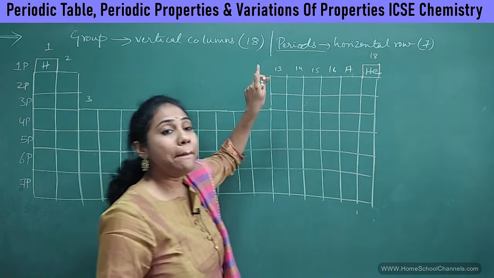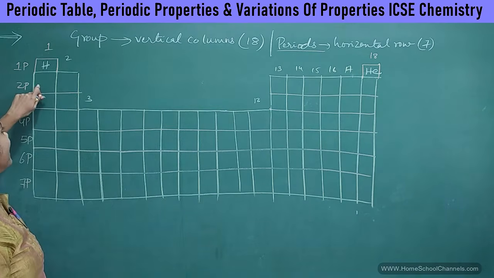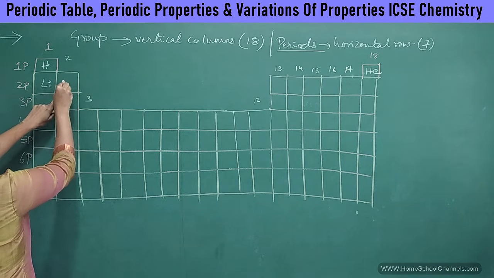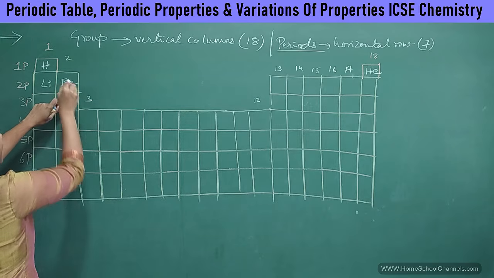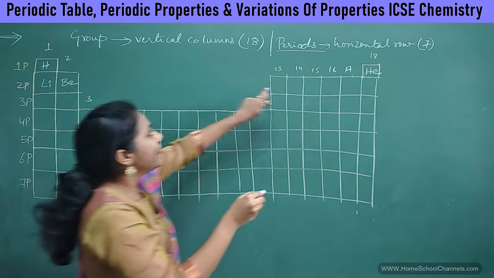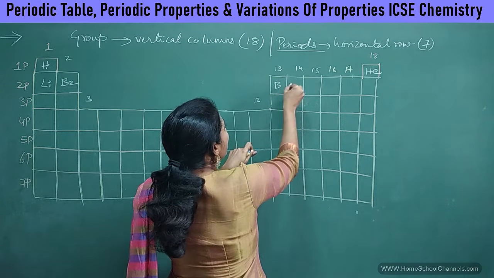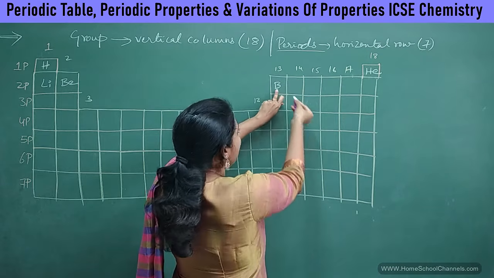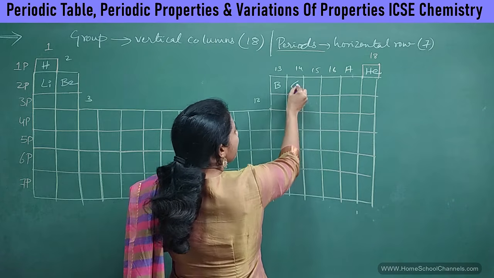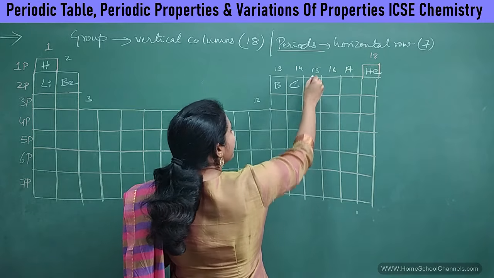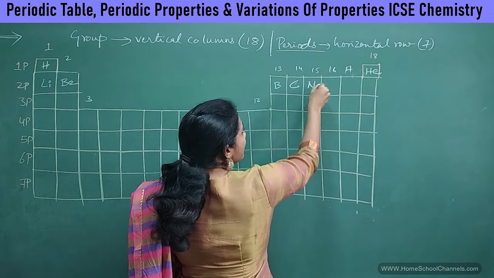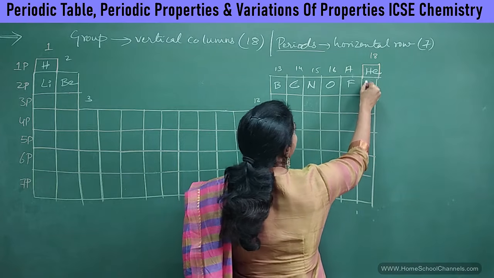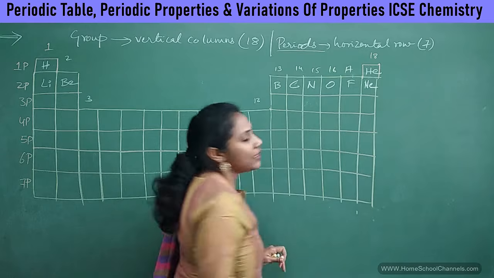Now the atomic number 3 element comes here in the second period. Here comes your lithium, here comes your beryllium, atomic number 4, then atomic number 5 is boron, atomic number 6 is carbon, 7 is nitrogen, 8 is oxygen, 9 is fluorine, 10 is neon.